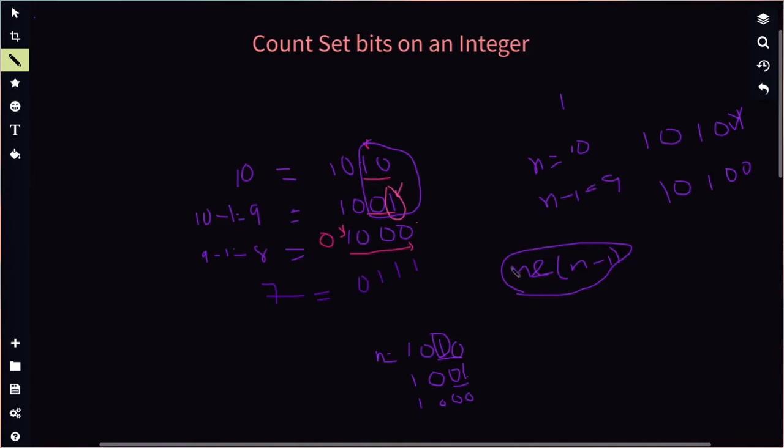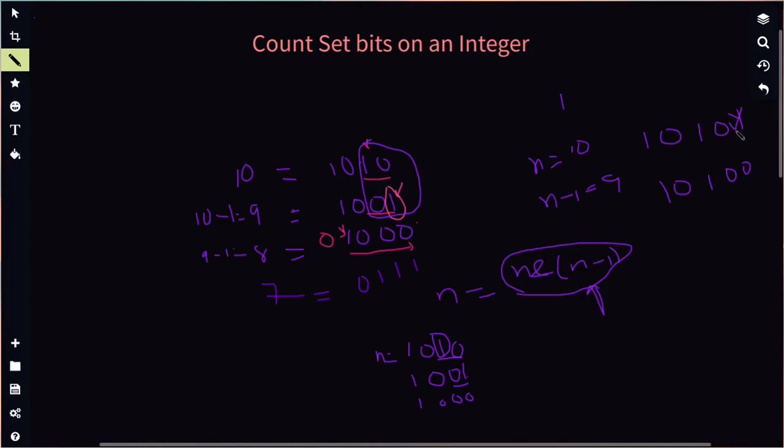So our approach is, we will put this in a loop and iterate till n becomes 0. In each iteration, we will set n equal to n AND n minus 1. What it does is turn off the rightmost set bit. We put that value back in n and iterate again.